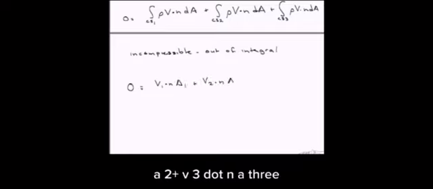The second thing that we know is that our velocities are constant or uniform, therefore they are not a function of area, and we can take the entire term out of the integral. So what we're left with is 0 equals v1 dot n a1, plus v2 dot n a2, and lastly v3 dot n a3.